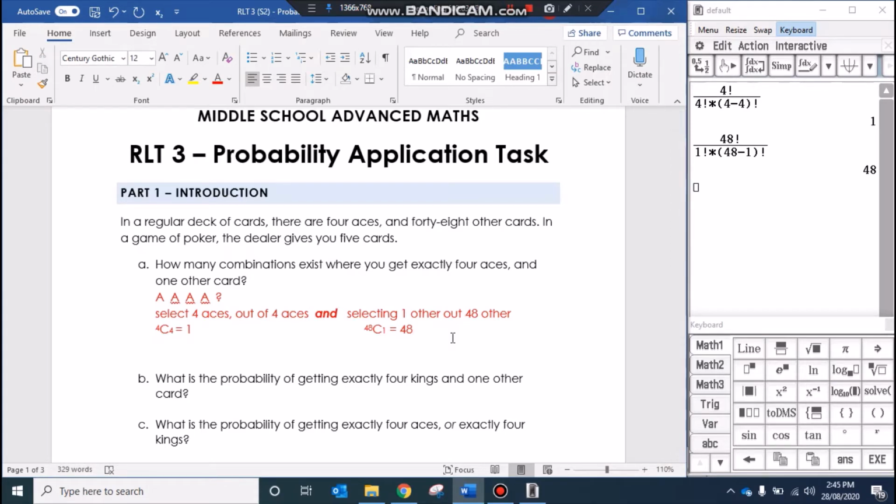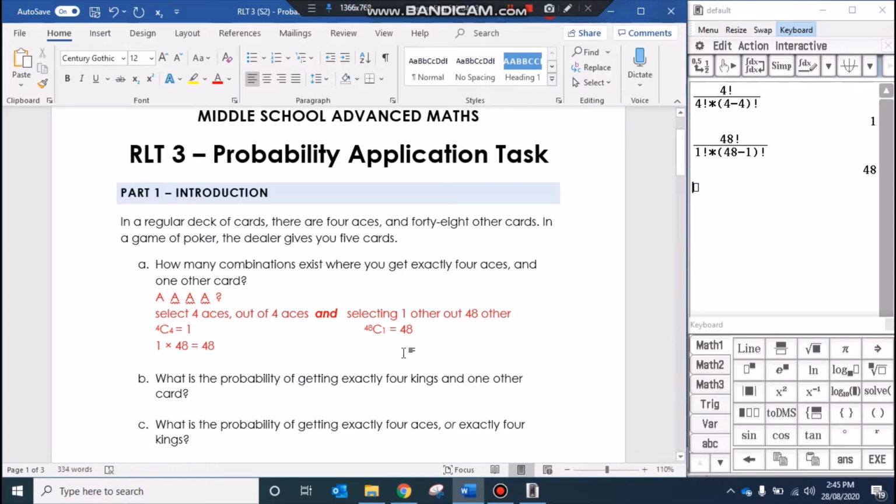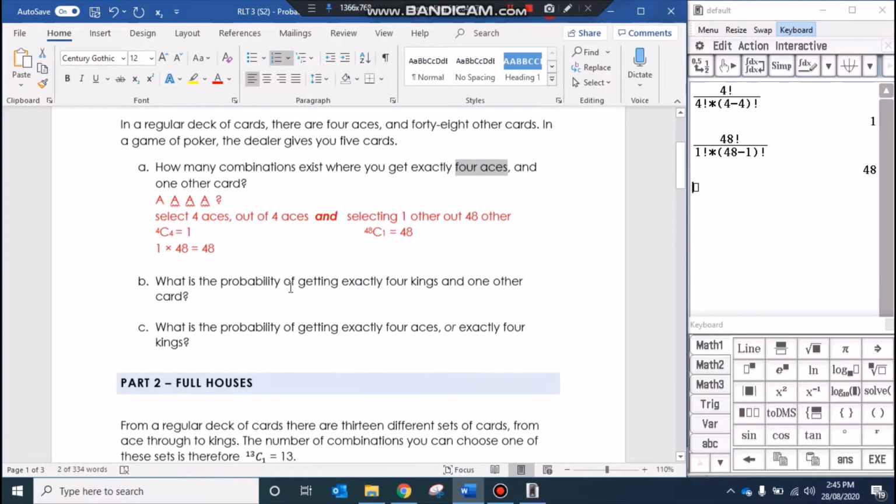You've got 2 separate groups that you're choosing from, which means you need to multiply them. So the number of combinations in total is 1 times 48, which is 48. There's 48 different combinations where you can choose 4 aces and 1 other card.